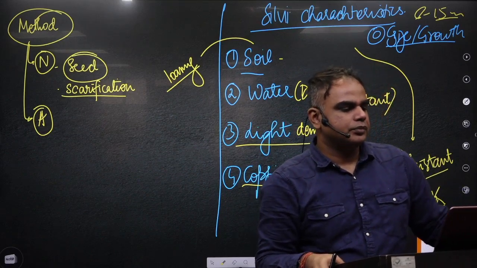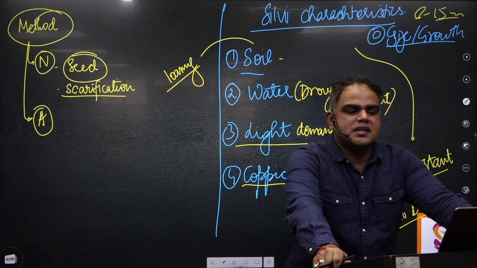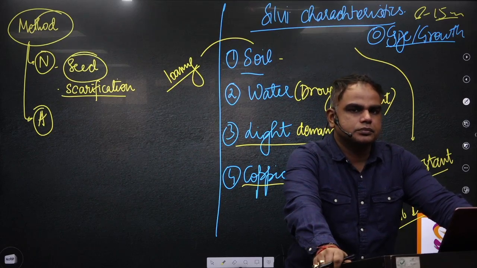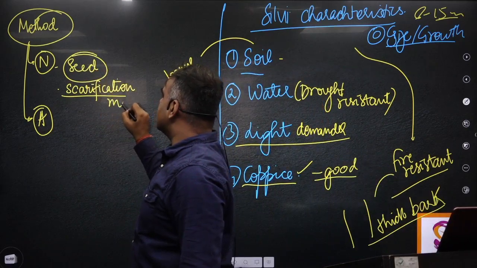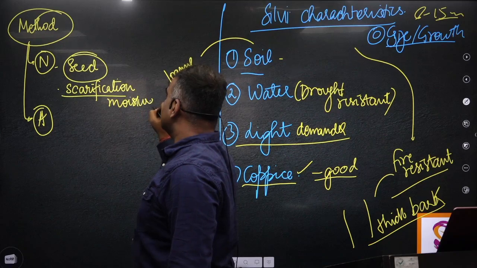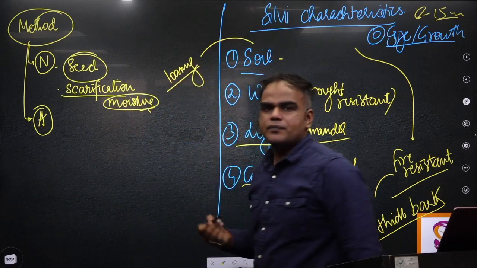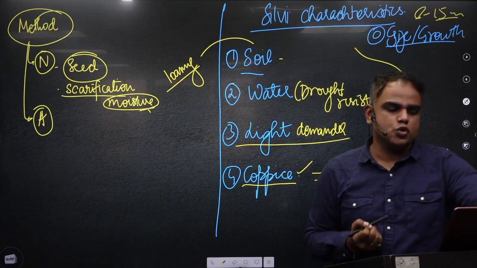which helps to break the seed dormancy. So scarification is needed, plus you need some moisture available. That is why the germination happens during the period of monsoon, with the onset of monsoon.